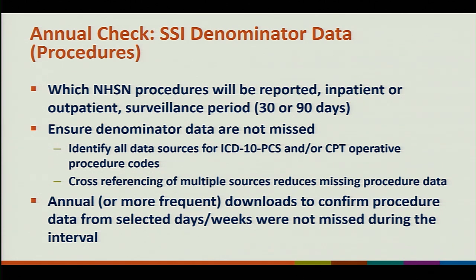So when they went back to investigate this, they found out that their electronic system was only programmed to capture procedures that occurred from the 1st through the 30th of the month. So any procedure that occurred on the 31st of the month was not in their system. And because they never looked at their data, they had to go back for about 2 years worth of data to fix that. So it's really important to make sure you know what's being uploaded and that you're checking your electronic data.